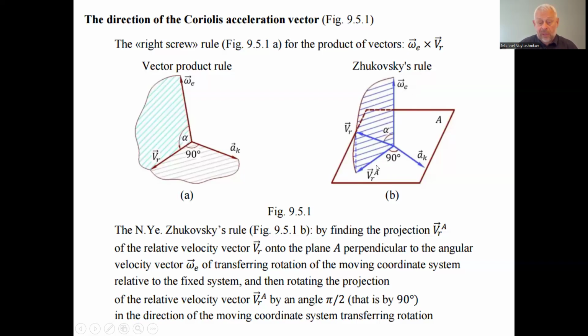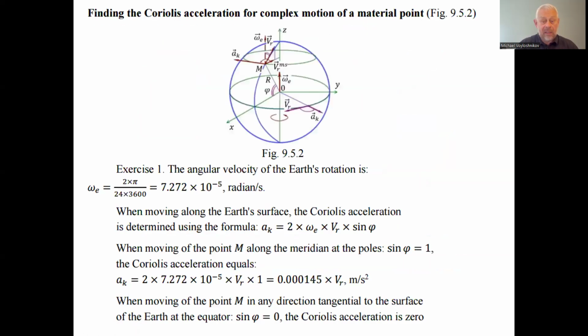Rotating the vector this way, we find the direction of the Coriolis acceleration. That is the second way. 90 degrees is pi divided by 2. So this is another practical rule to find the direction of the Coriolis acceleration.